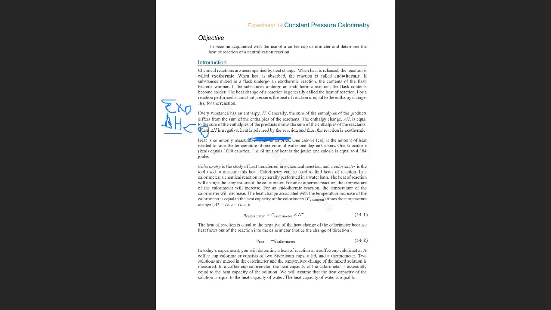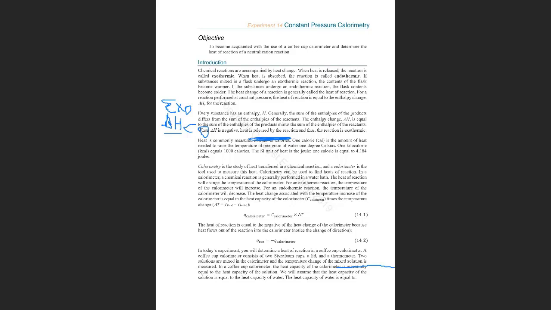They're talking about units: 1 calorie, then 1 kilocalorie, and then the joule, which is the international unit. And that's something you probably need to remember if they don't give it to you in the test. 1 calorie equals 4.184 joules.